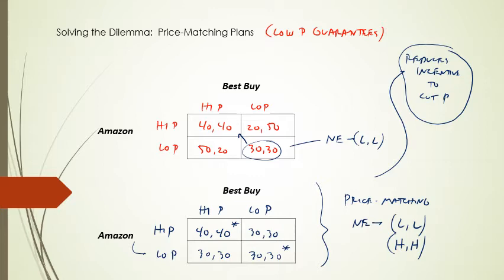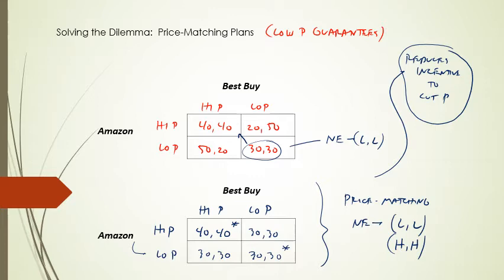All right, here we have Best Buy and Amazon, and notice here we have the classic prisoner's dilemma game in the first matrix. So they can choose high or low prices for the same high definition televisions. Profits are in the cells, and they both earn 40 if they both go high. If one goes low while the other is high, then that undercutting firm will get the majority of the profits. They'll go up to 50, where the other firm gets only 20.